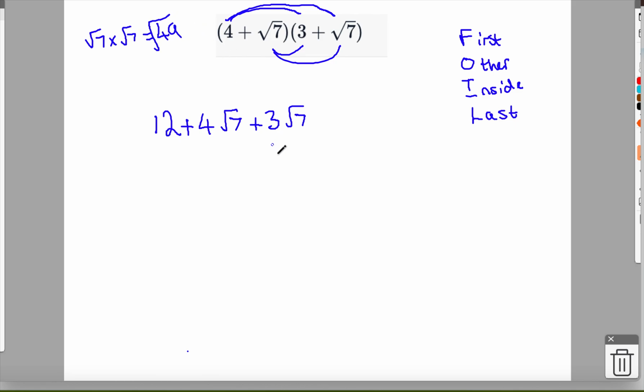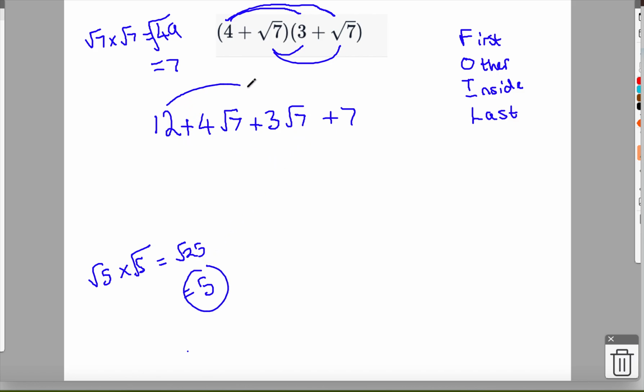But that's not the way that I want you to go straight to it. Root 49 is 7, okay? So just write the 7. You know, if you've got root 5 multiplied by root 5, that would give you root 25, which we know is 5, okay? So we can go straight to that 5. And then just bring your numbers together. 12 plus 7 is 19. And then you've got 4 lots of root 7 plus 3 lots of root 7, which is 7 root 7.